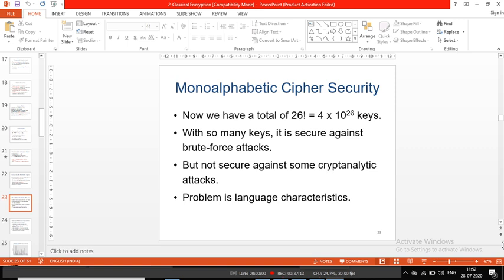It has 26 factorial possibilities to derive the original data. In the Caesar cipher, only a minimal number of possibilities are there, but in monoalphabetic cipher there are huge numbers we would have to try to get the original data. So this is a monoalphabetic cipher. Don't worry, we don't have any problems in monoalphabetic ciphers.